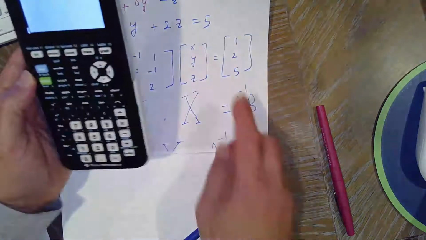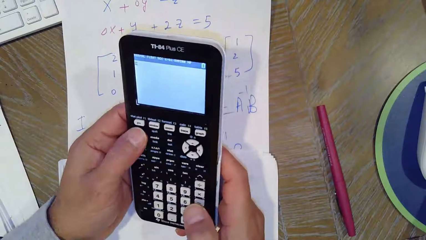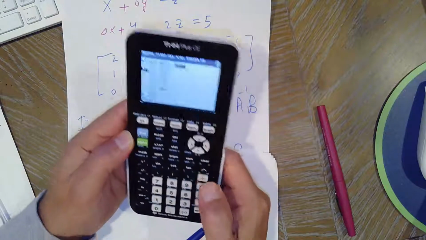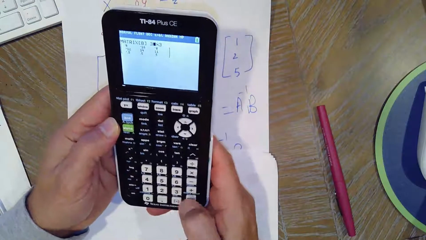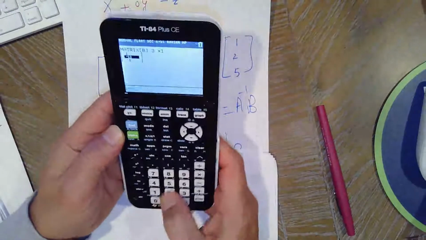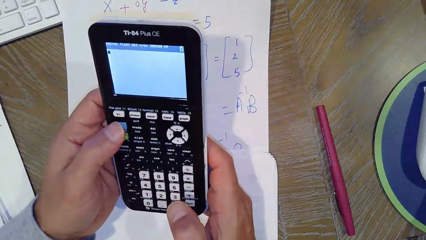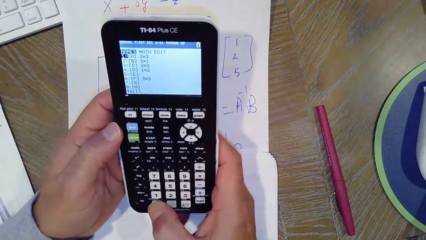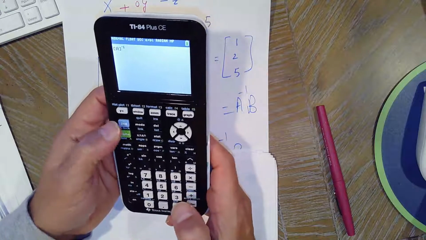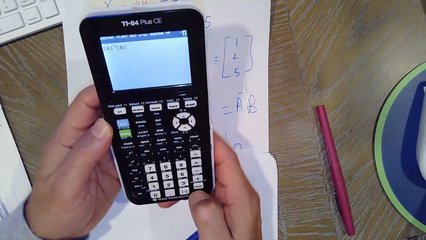Now let's go to matrix B, 3 by 1. Let's edit matrix B, which is 3 rows, 1 column, and it's 1, 2, 5. Now we're going to retrieve matrix A, take its inverse, and then multiply it by matrix B, and that's going to give me the answer.